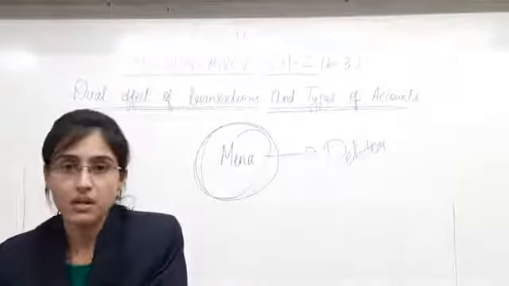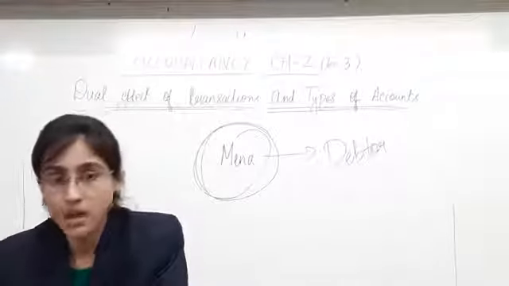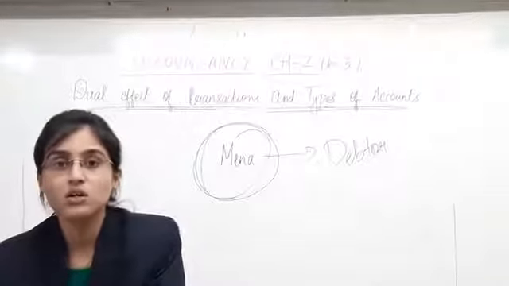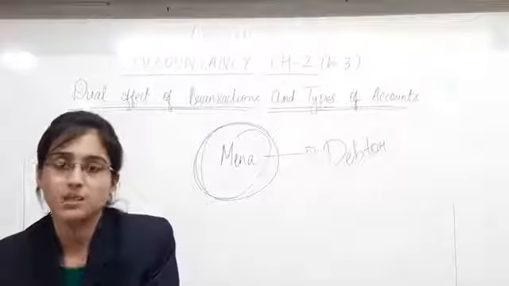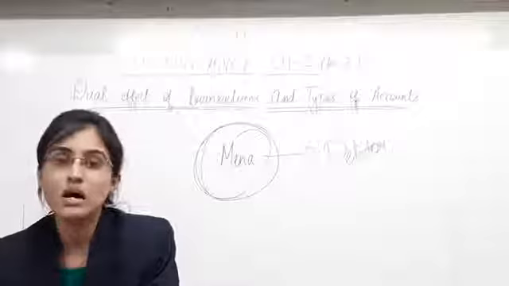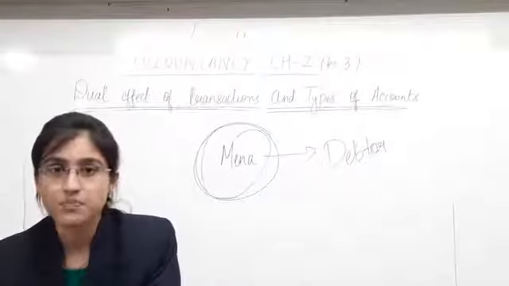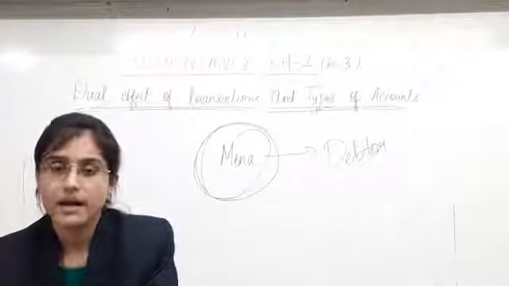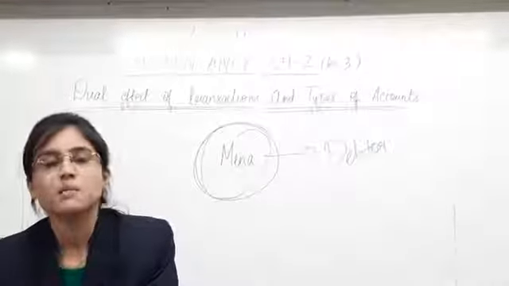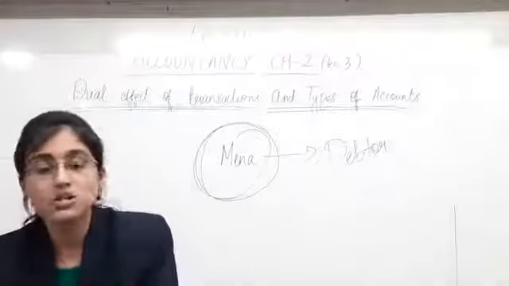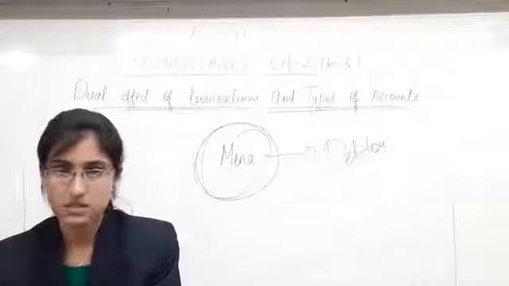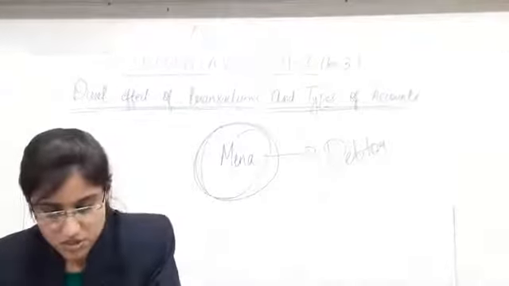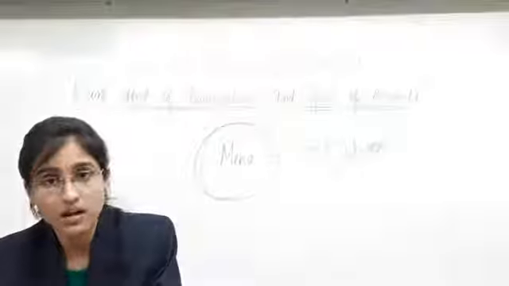The word payment means you have paid rupees 700 for a telephone bill. How? Through check, via check. Yes? So, via bank. And bank is again a part of cash transaction. Okay. So, this is a cash transaction again.